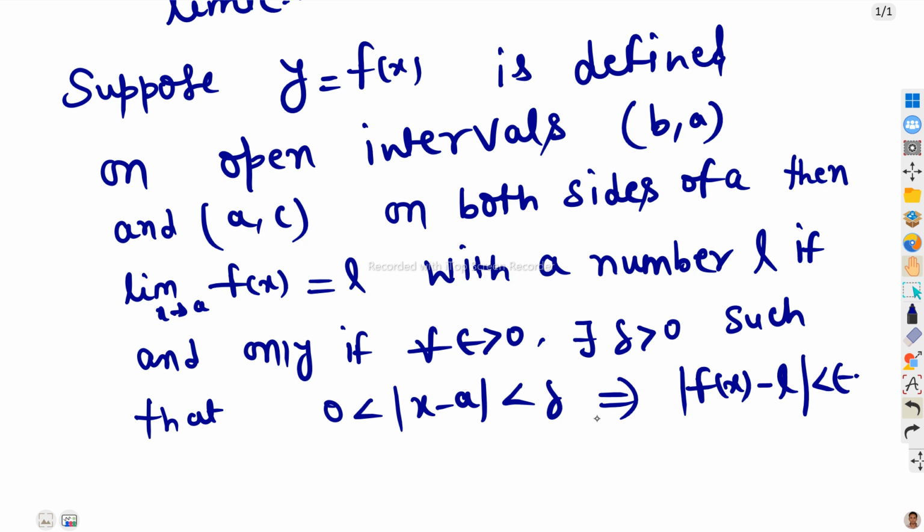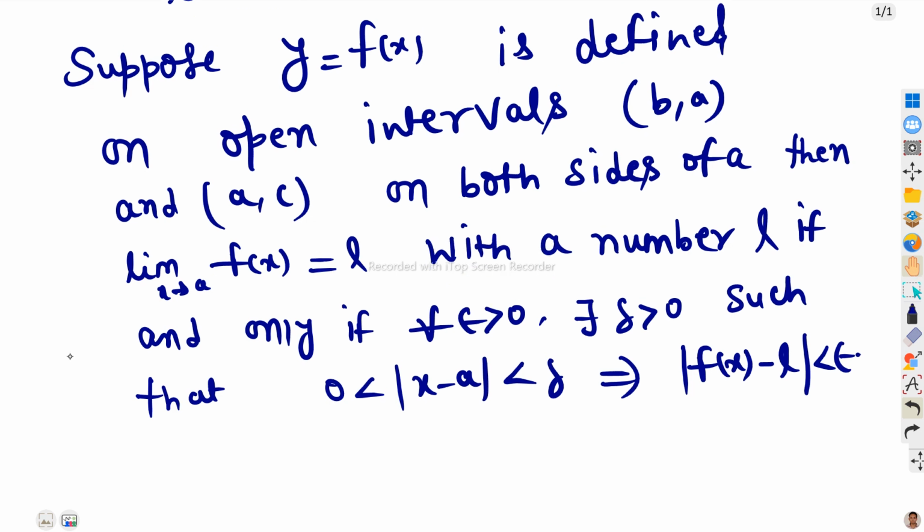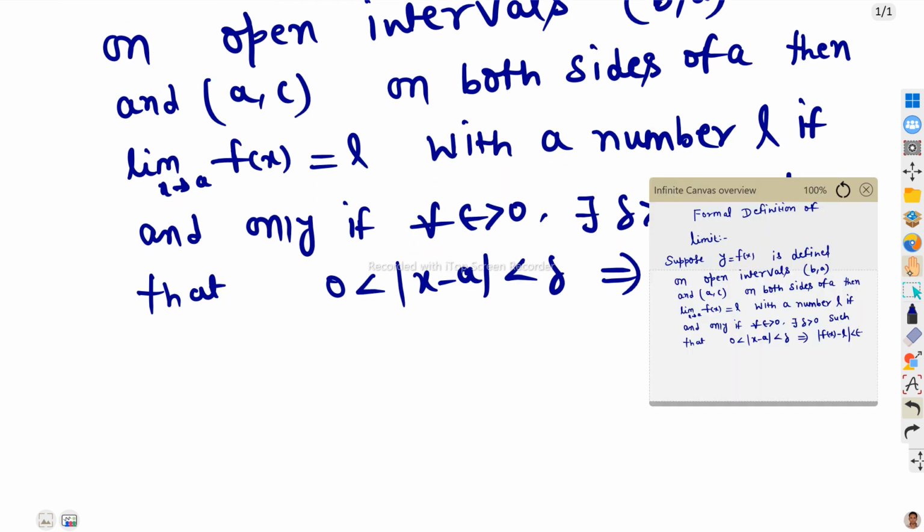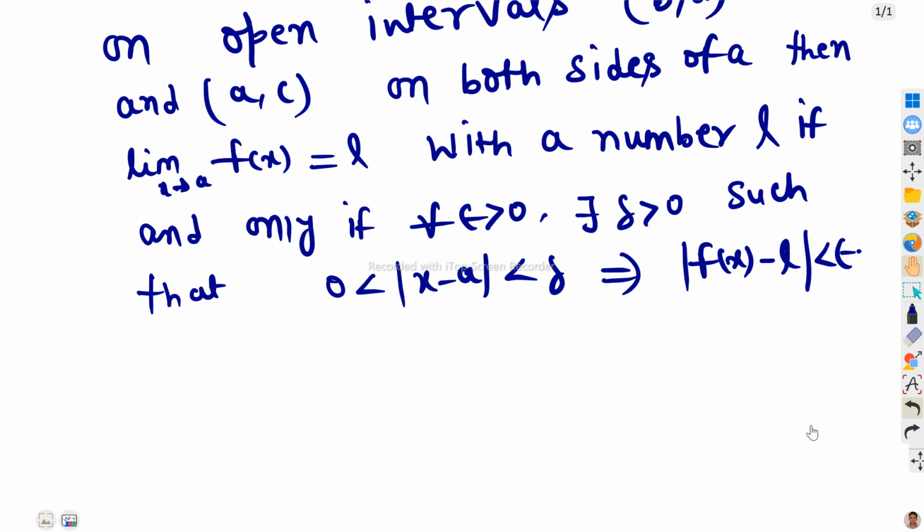So we can explain this definition this way.